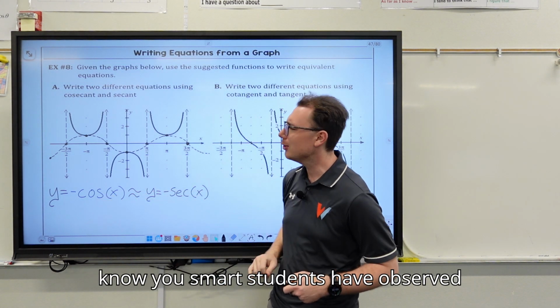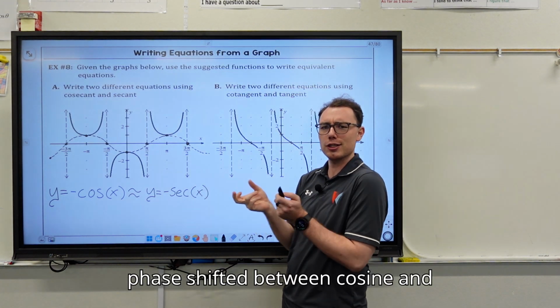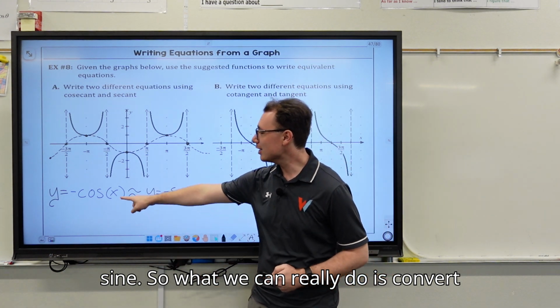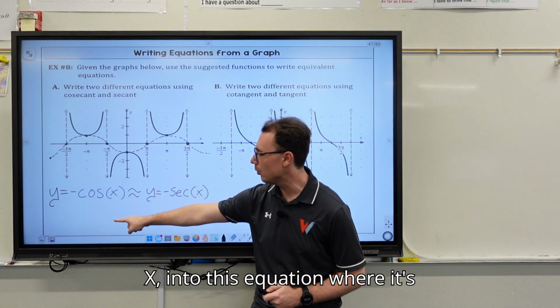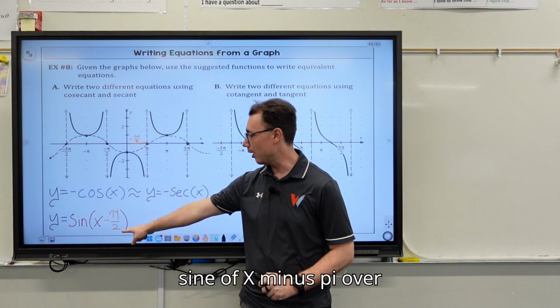But I know you smart students have observed that these periodic functions are just phase shifted between cosine and sine. So what we can really do is convert this negative cosine of x into this equation where it's sine of x minus pi over 2.